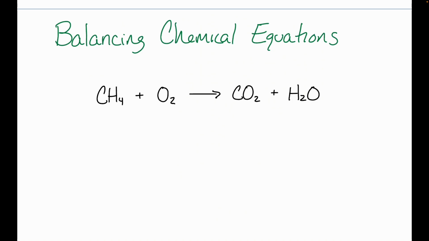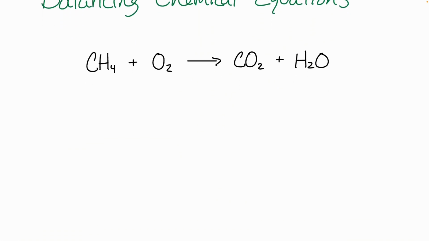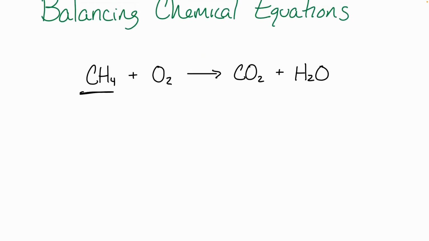If we look at the structure of these molecules here, we're going to learn how to draw these figures at a future point in the course. For right now, you're just going to trust me that this is what these look like. A molecule of methane, CH4, has the carbon in the middle, and the 4 hydrogens are bound to that carbon.